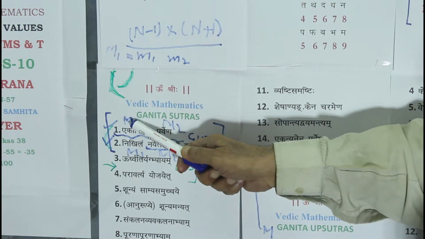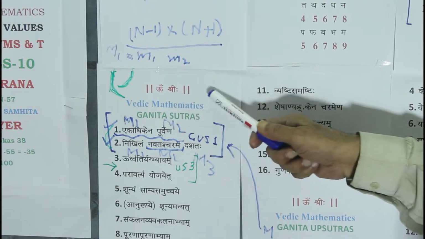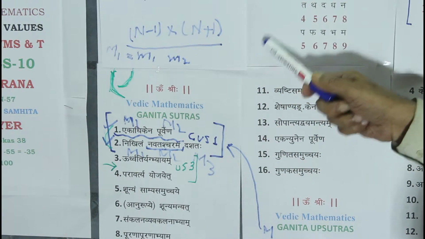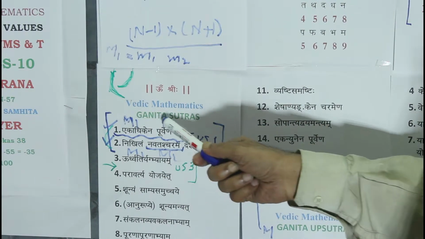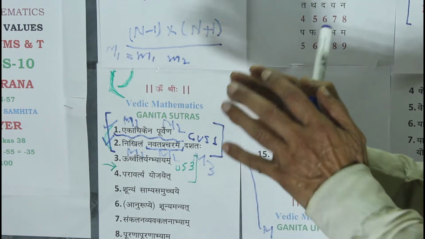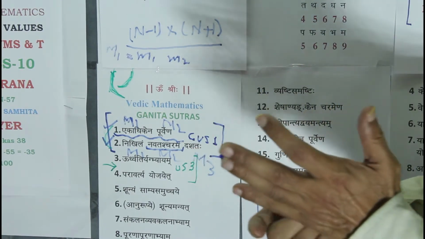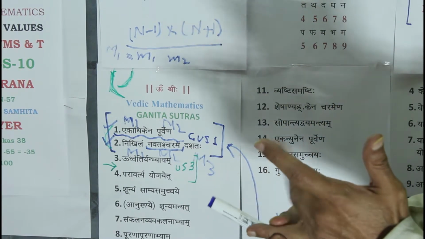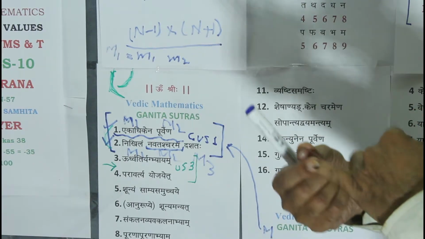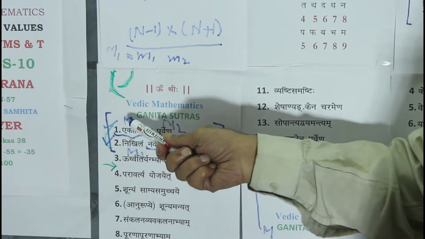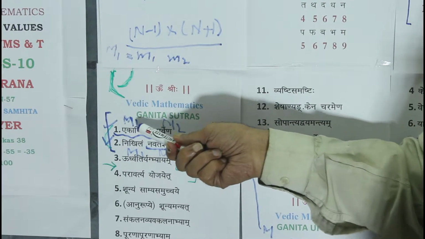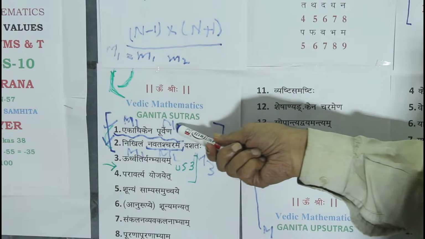So entities as values, as counts, as single digits, as monads. Therefore, initially Ekadhikena Purvena mathematics is of the format of working the entities as values, as counts, and as monads.